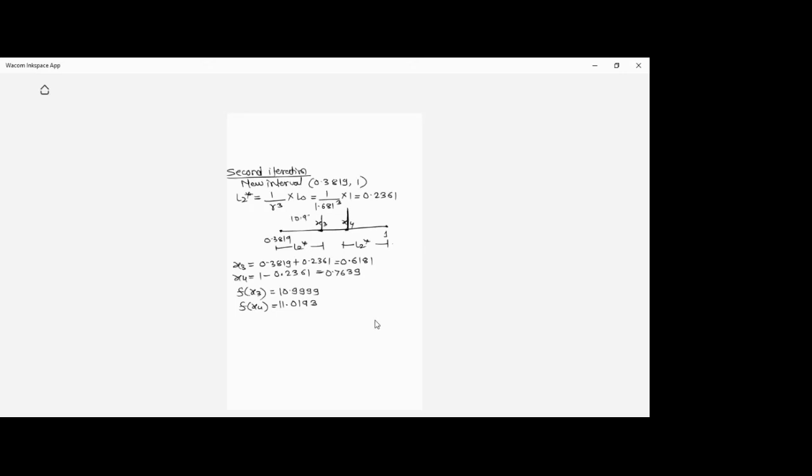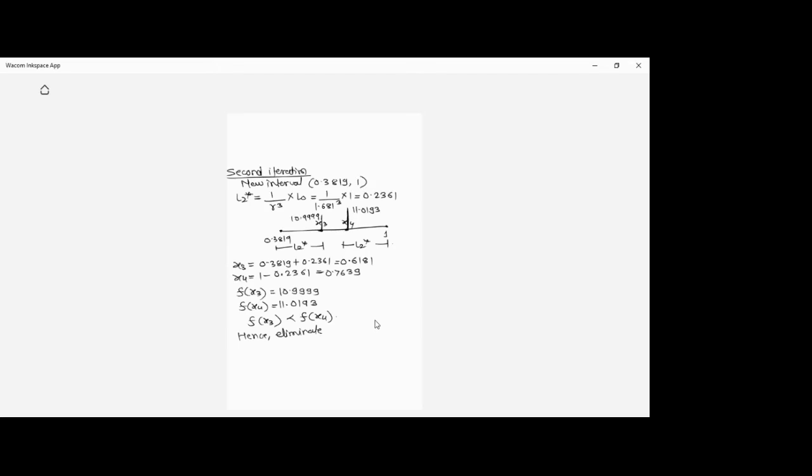So here f(x3) is less than f(x4). Hence, eliminate. Which region will we have to eliminate?